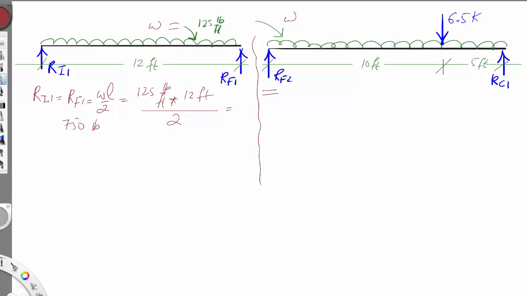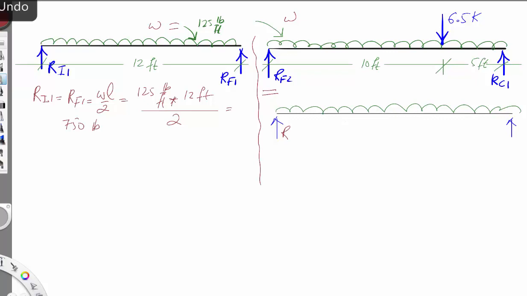So this is equal to two beams. One beam is with uniform load only, and we'll name these RF21 and RC11.